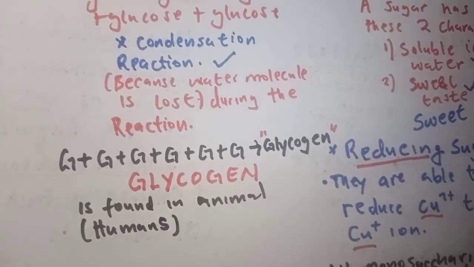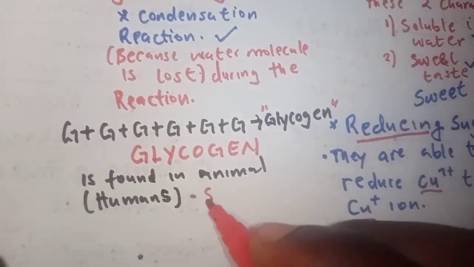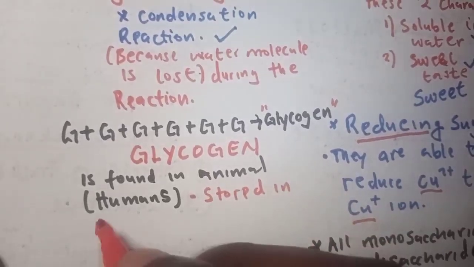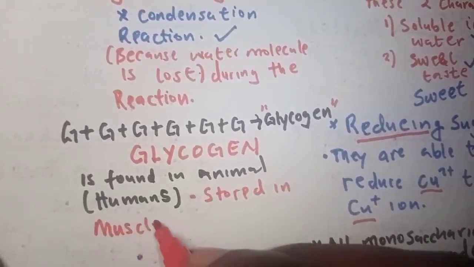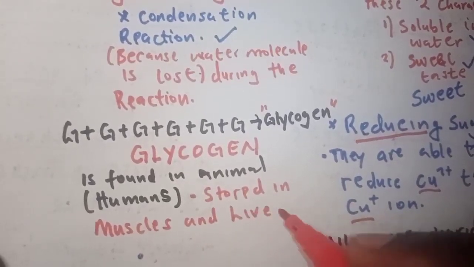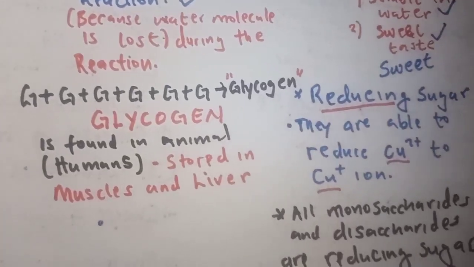Glycogen is stored in the muscles and the liver.